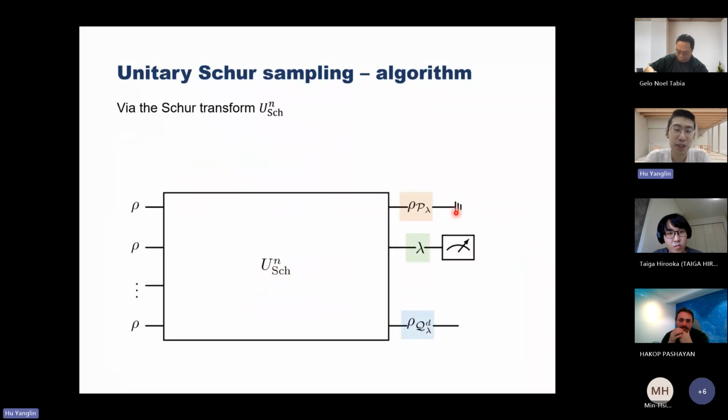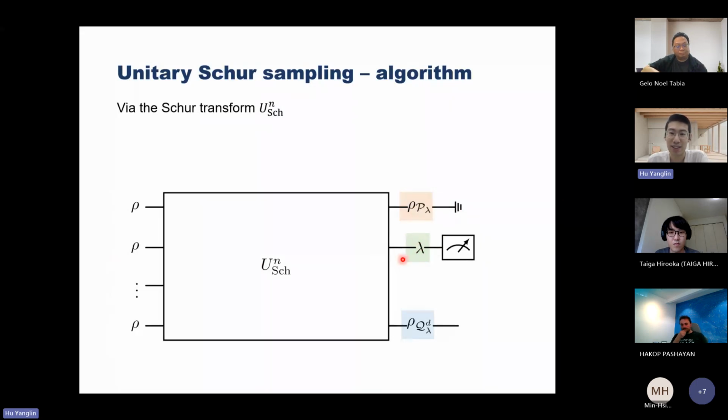To do this unitary Schur sampling, we can use the so-called Schur transform. This Schur transform is a unitary which maps the U tensor n input state into the direct sum of three registers.